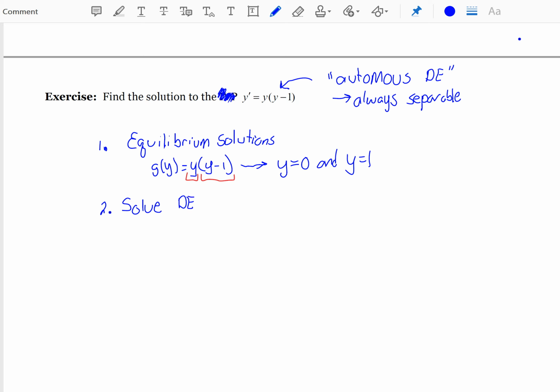Now let's solve the DE using the separation of variables technique. Again, I want to start by rewriting y prime as dy/dt as y times (1 minus y).